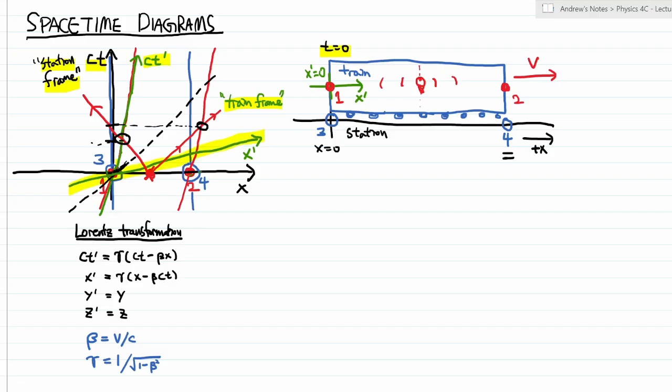So let me start from here and try to draw a line that's parallel to my x prime axis. It looks something like that. So these 2 points have the same ct prime coordinate. The arrival of the light at the front of the train and the back of the train occur simultaneously.